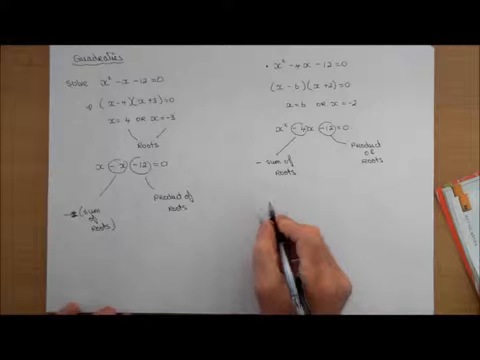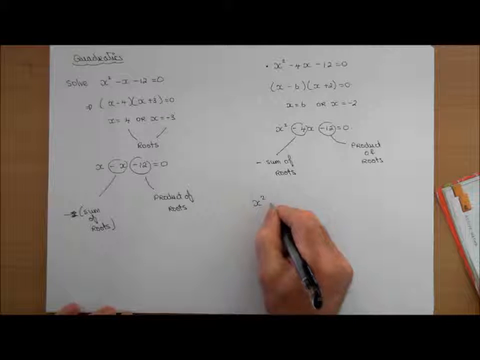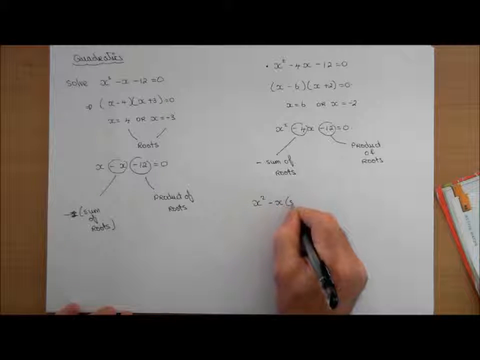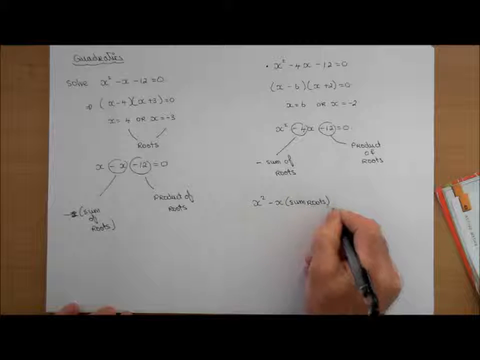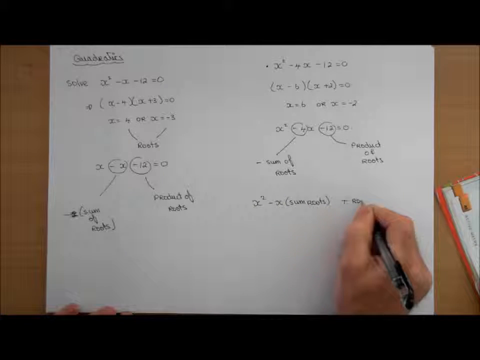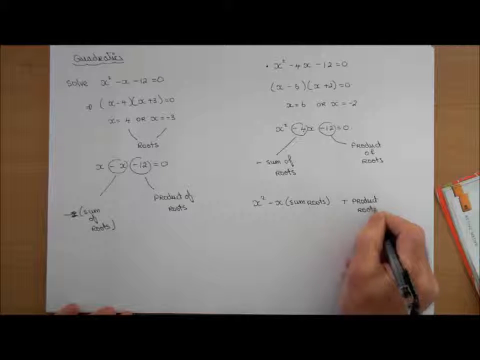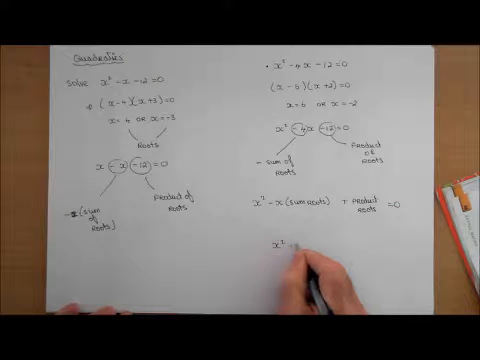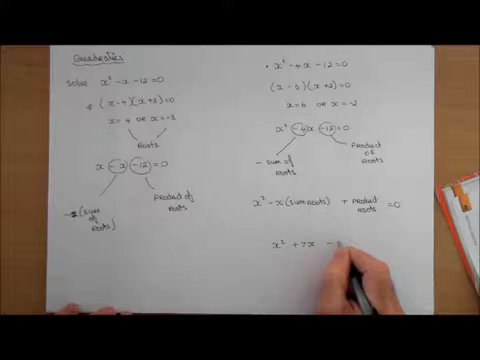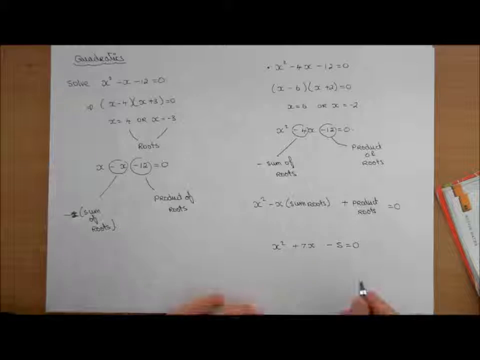And every quadratic equation is in the form of x squared minus x times the sum of the roots plus the product of the roots equal to 0. If I said x squared plus 7x minus 5 equal to 0, from that, what would you know?